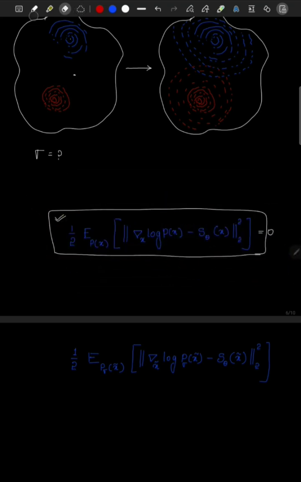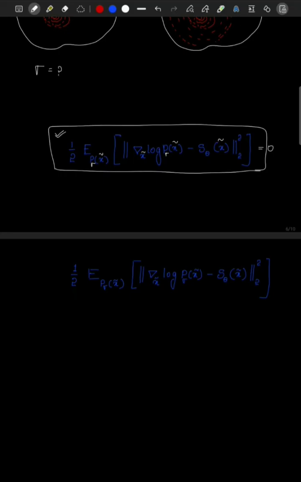This is the original objective, but in this objective, instead of x, from now onwards we will use the noised version of x. So the objective will change, and here we will have the gradient with respect to x tilde of log p sigma of x tilde, minus s theta of x tilde. This is how the objective changes if we add noise to it.